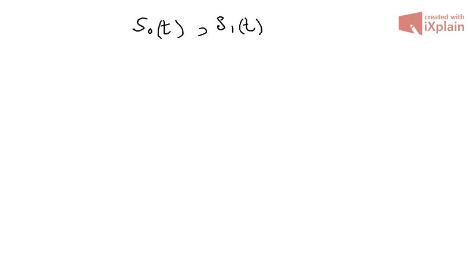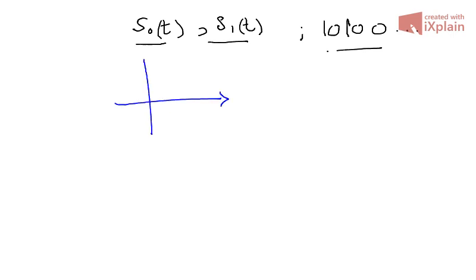Because we are assuming that data is binary, we are selecting these two waveforms for transmission of this binary data. So we have these two waveforms, and the waveforms look like this. Our two waveforms are S0 of t.